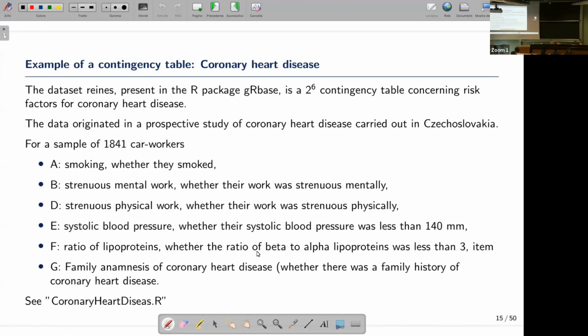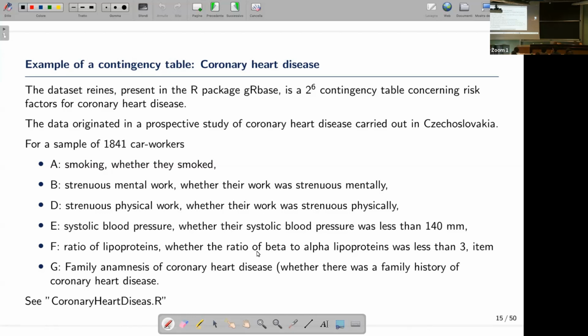So here I change the data a little bit. Now we have a data set, a data frame in this case, which is a contingency table of dimension 2 up to 6, because you have 6 variables. This is a prospective study on coronary heart disease. It's an old study.